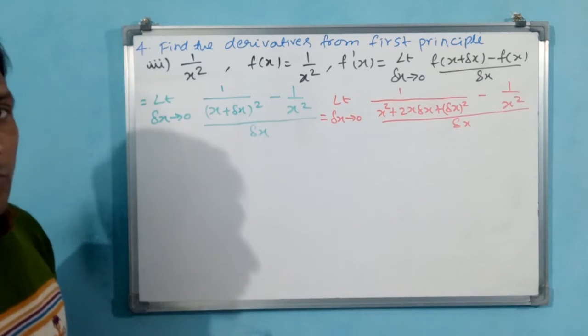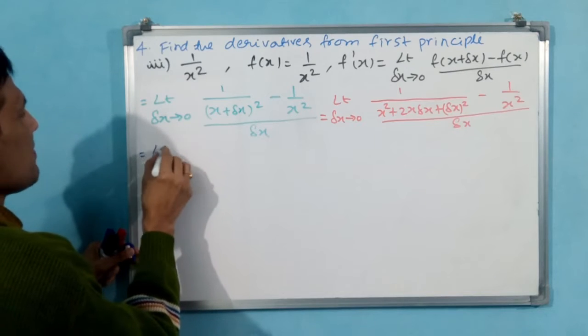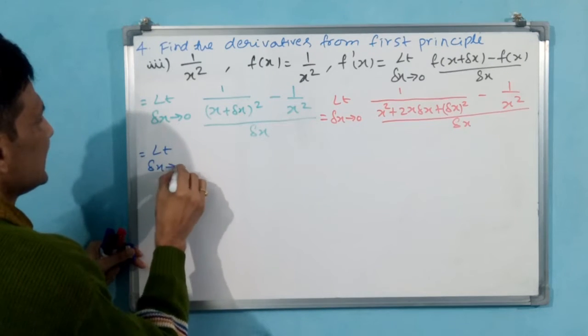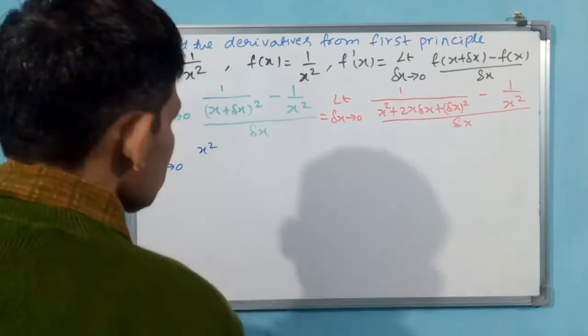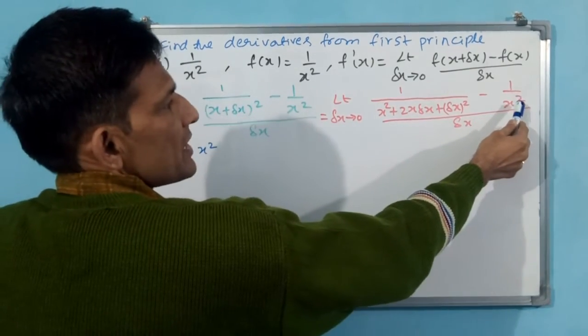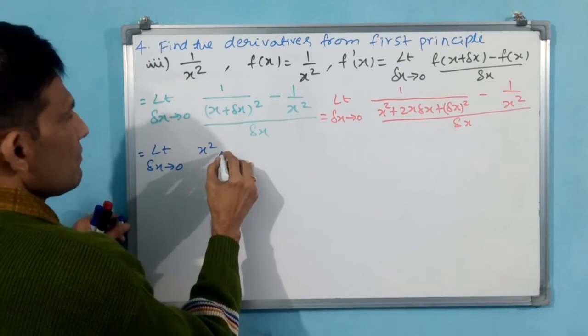Now cross multiply. Cross multiplication you have to do. That is equal to limit delta x tends to 0, x square. See here cross multiplication I am doing. X square, all these are going to become negative.